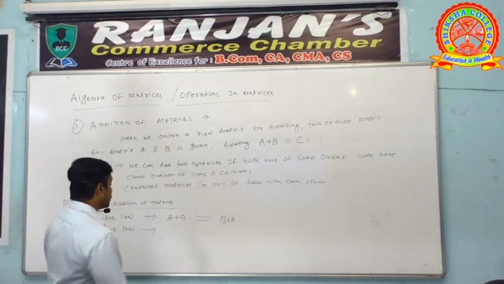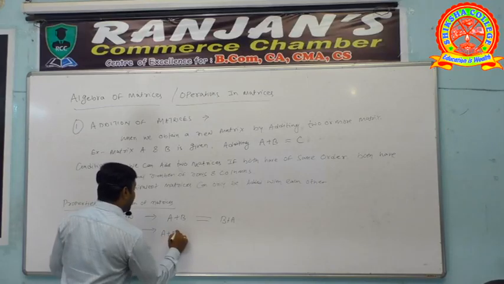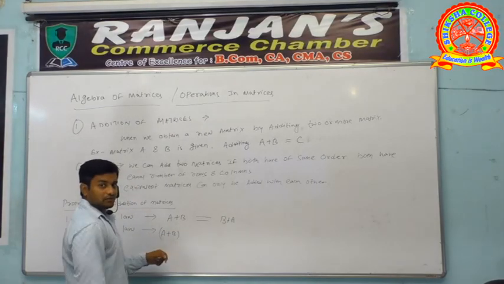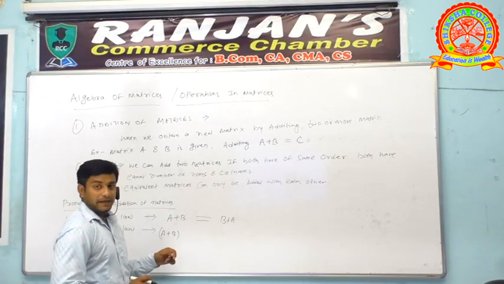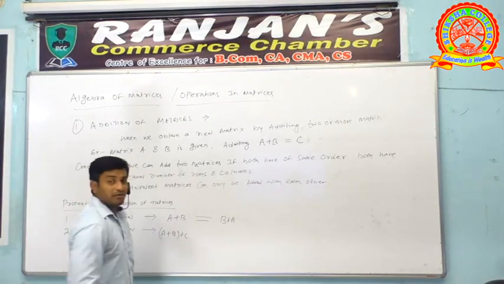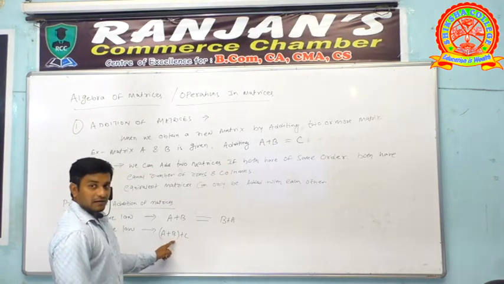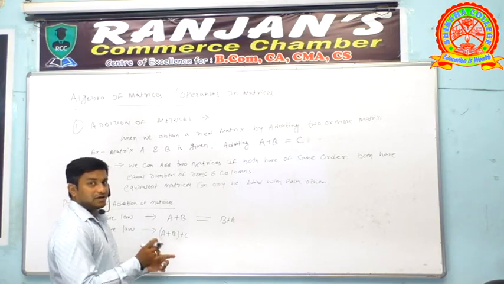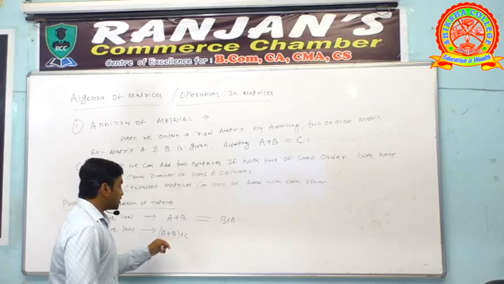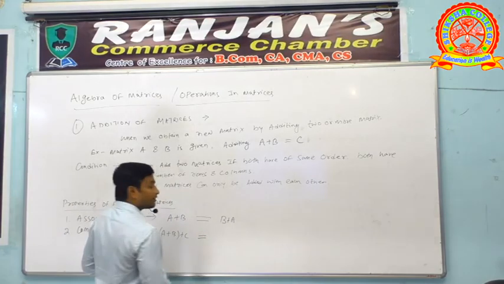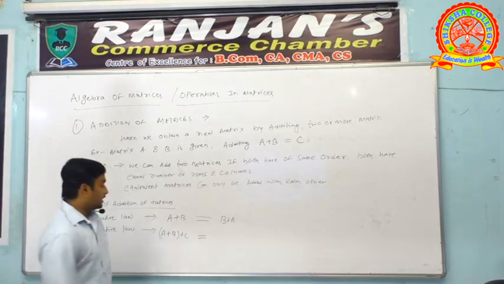If we are going to add three matrices A, B and C, at a time we can add two matrices, so first we do A plus B, then the third matrix C. After adding A plus B, the result is again added with C. So A plus B plus C. Clear? So here if the grouping changes, it does not matter.